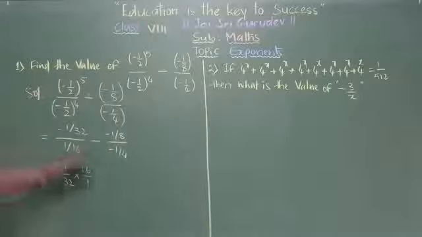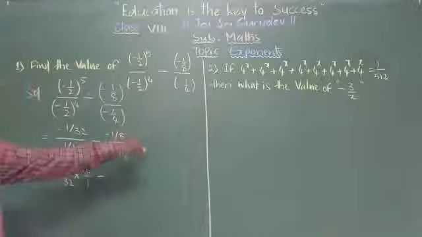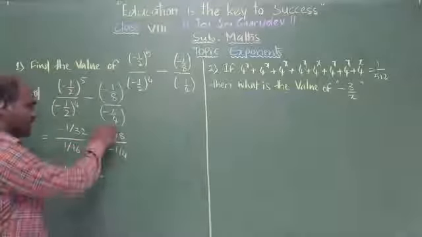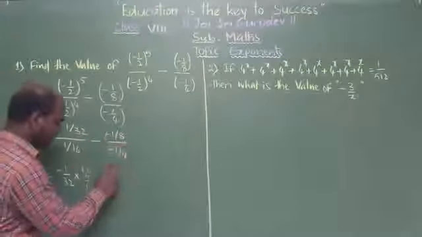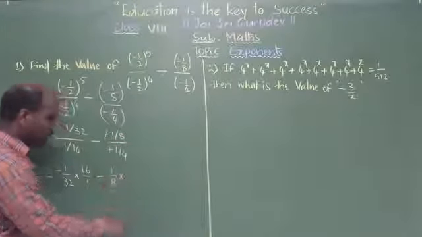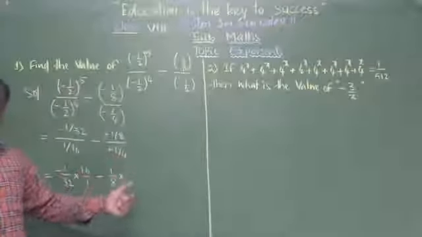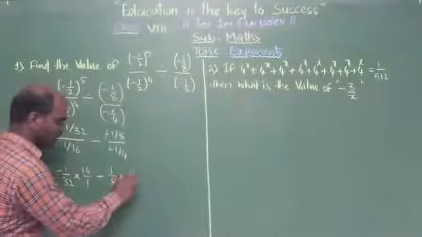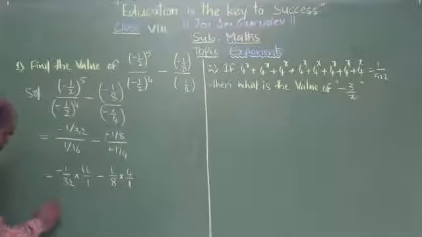Next, cancelling the minus and minus as usual, 1 by 8 into the reciprocal of 1 by 4, which is 4 by 1.